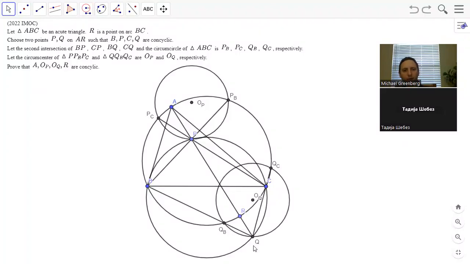Yeah, it looks like it might be able to be angle chased. Yeah, QBCQ. So QBCQ is the same as QBAC, or QBBC actually.